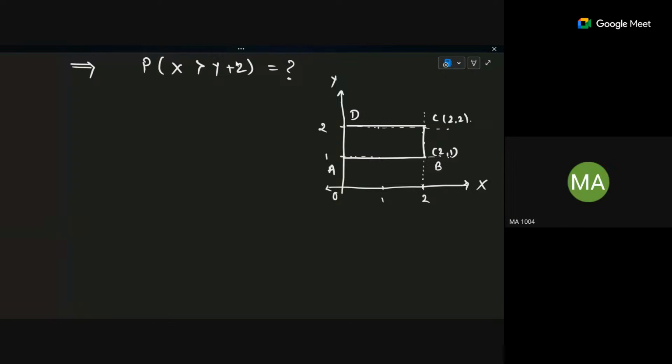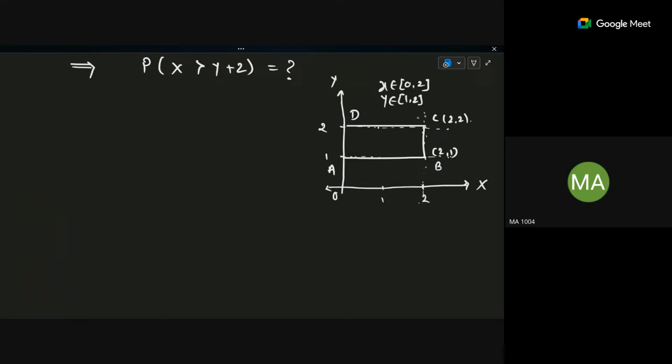Ma'am, how can it be the upper rectangle? Can you explain? See, x was lying between 0 to 2, so I marked a dotted line at 2, right? Then we have given that y is also belonging to 1 comma 2, so just mark it.